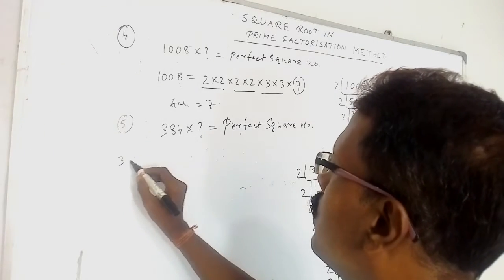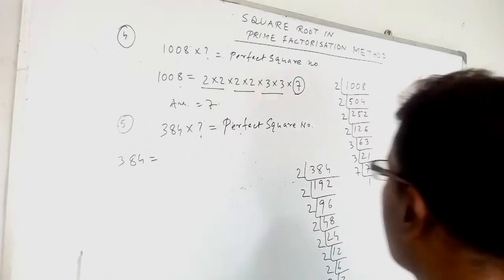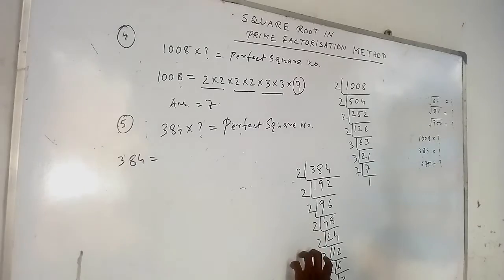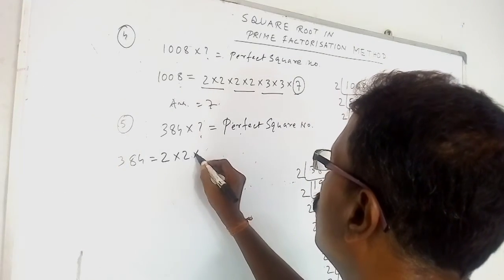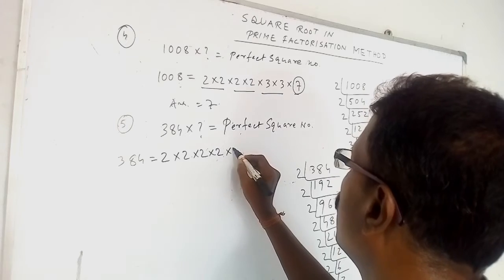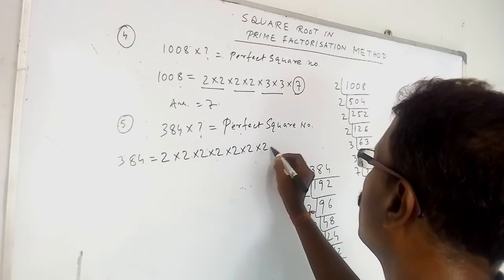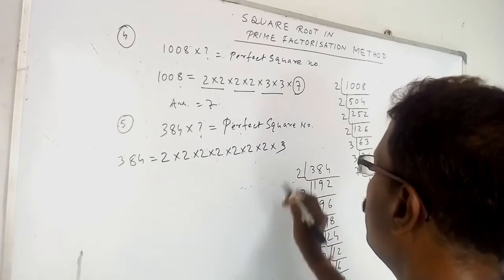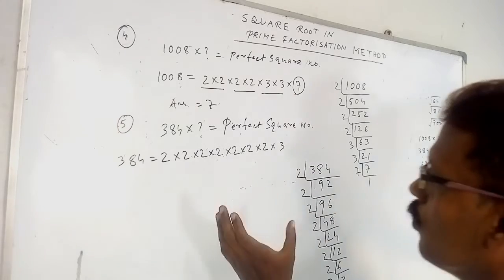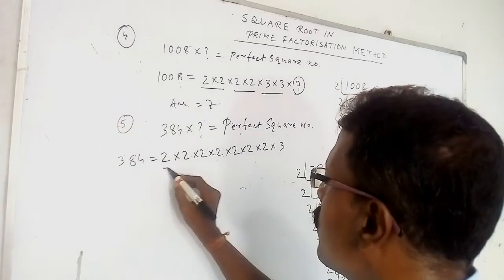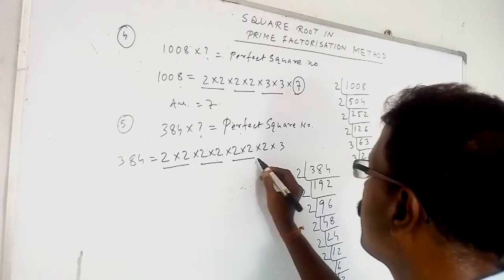Therefore 384 can be written as 7 twos and one 3. Now you have to make pairs. This is a pair, this is a pair, this is a pair.